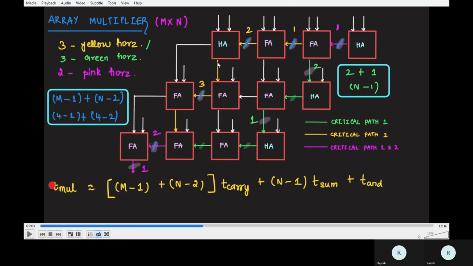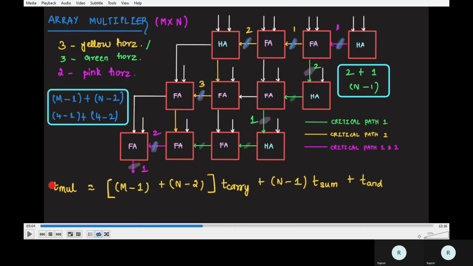So considering only the critical path yellow line, there are 3 carries, one from full adder 1, 2, 3. So that's why 3 yellow horizontals are represented.